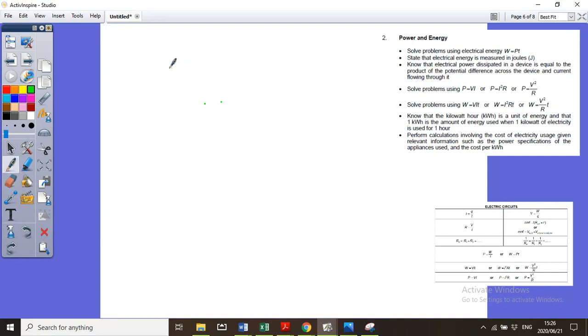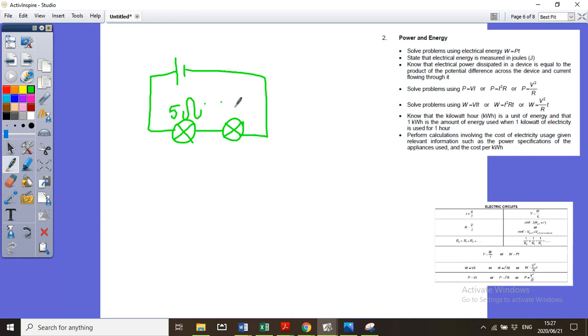Now, what they often ask is about series and parallel circuits. If you are comparing two light bulbs with different resistances, the question may say this light bulb has a resistance of 5 ohms and this light bulb has a resistance of 7 ohms.